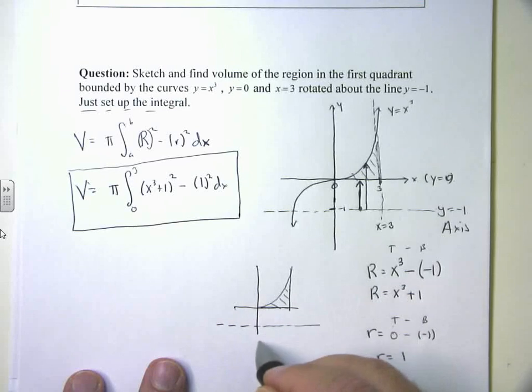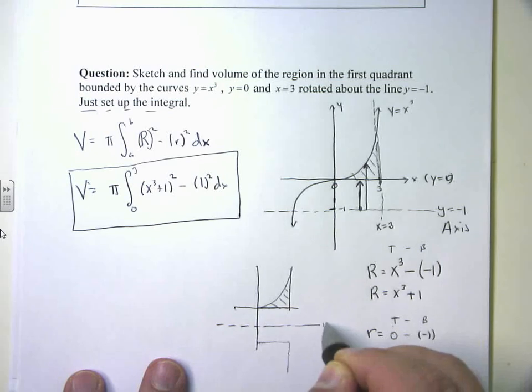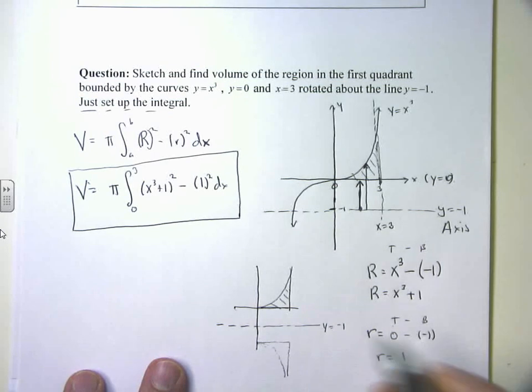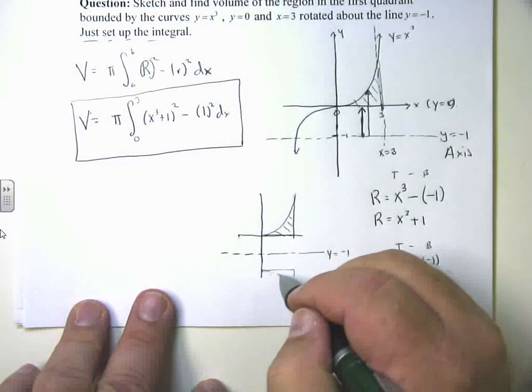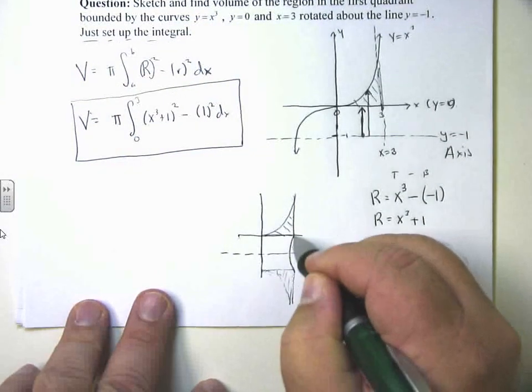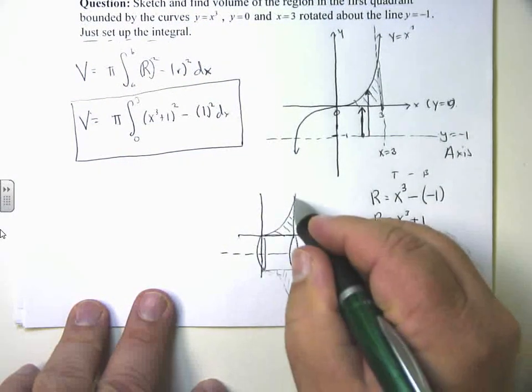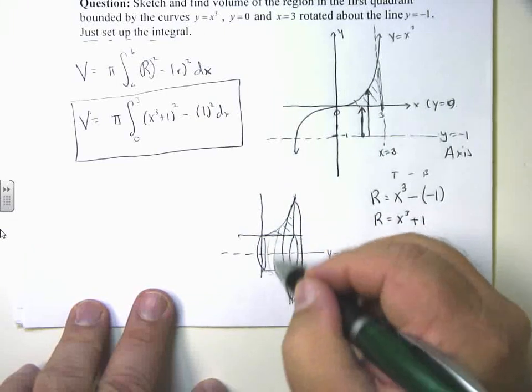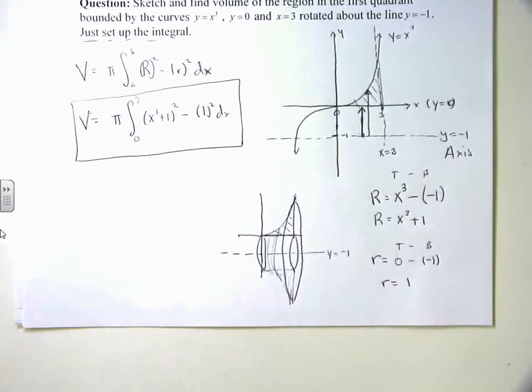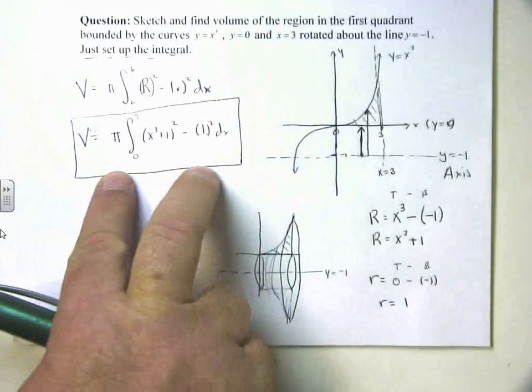As you rotate this region, you get this reverse image down below the y equals -1 axis. It looks like this. I'm trying to sketch it in lightly for you there. And then as you rotate this particular part, it's like a shadow, you get this part and this part, and this. You get this kind of spool looking thing that you're creating. That's what this will calculate in units cubed.